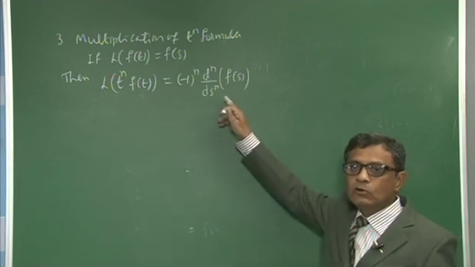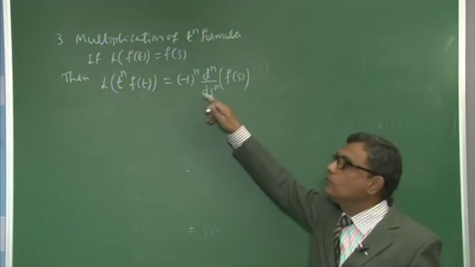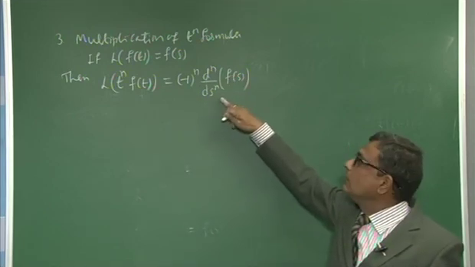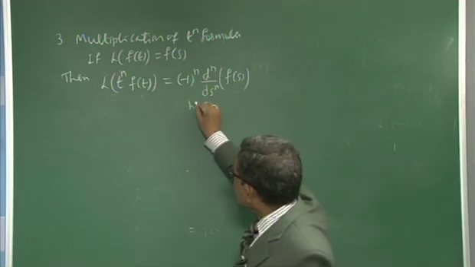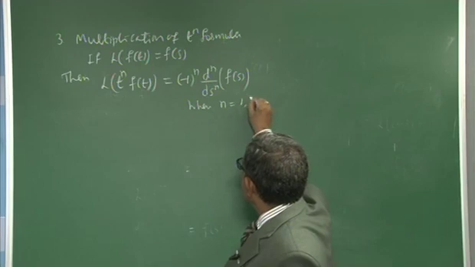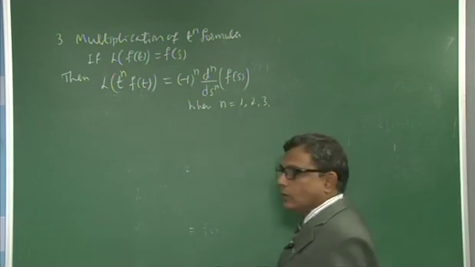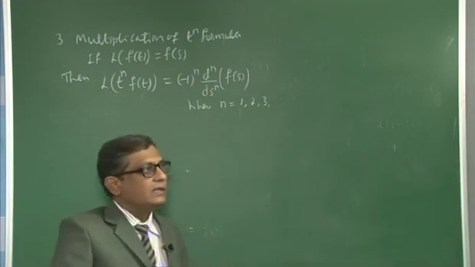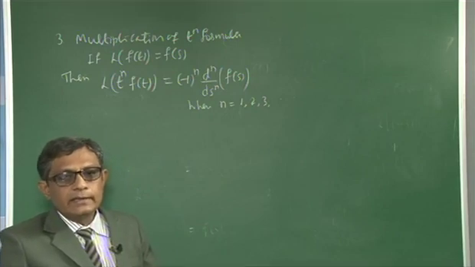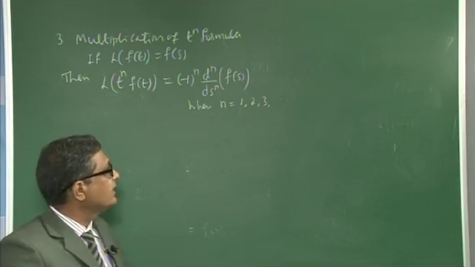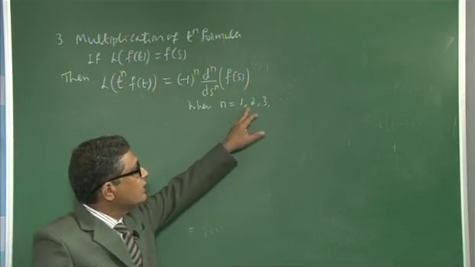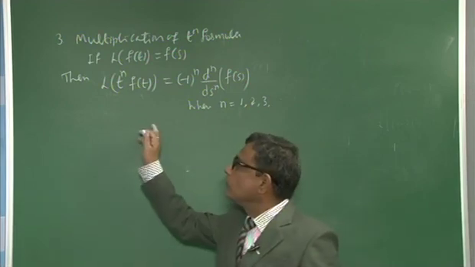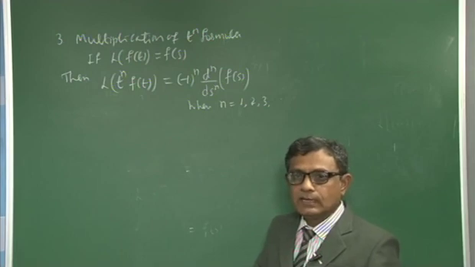See the RHS: minus 1 whole to the power of n, d raised to n by d s raised to n of F of s, where n is 1, 2, 3 and so on. Yes, we can prove this formula by using mathematical induction, but here n is 1, 2, 3 and so on. You can do the proof of this formula by using mathematical induction.